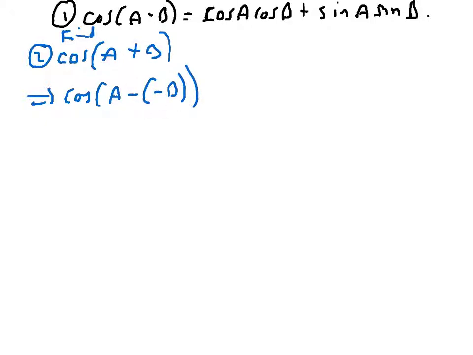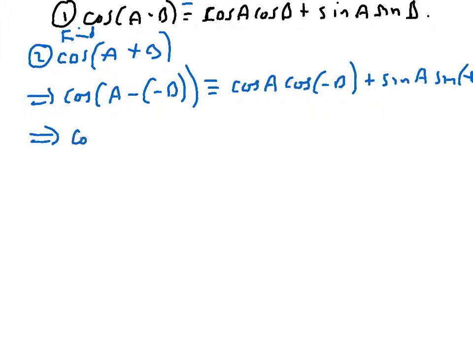This would work by using this formula, so I can say that B is actually minus B. So if I put this into my formula, this means that I have cos A minus B equals cos A cos minus B plus sine A sine minus B.